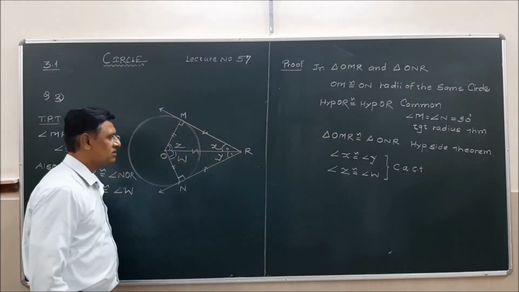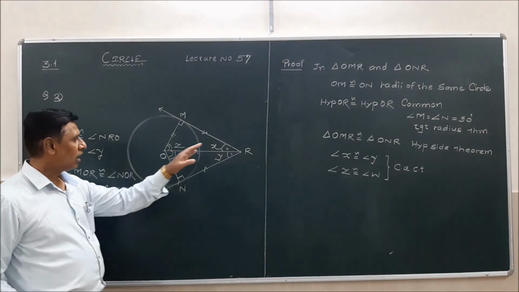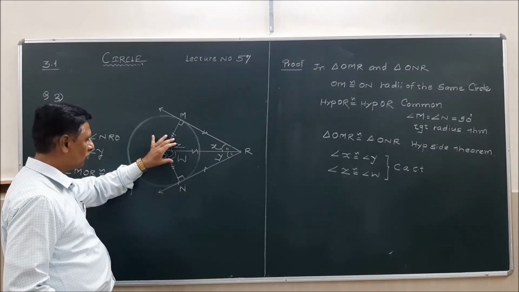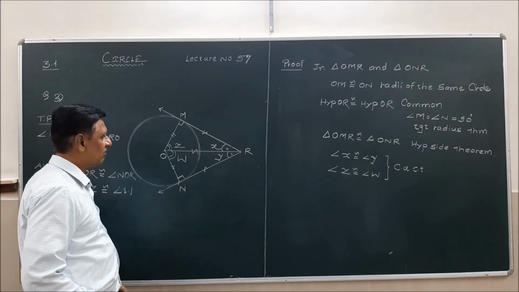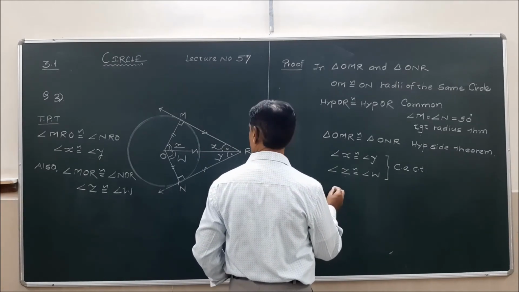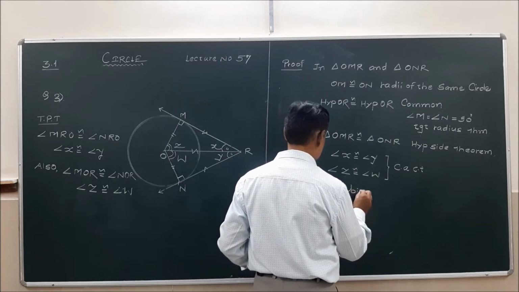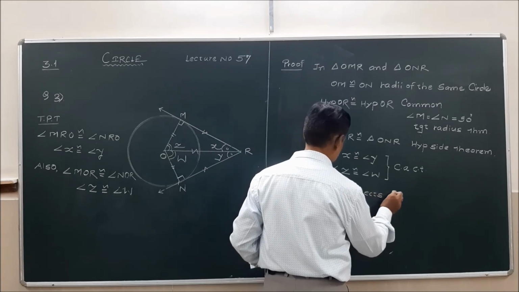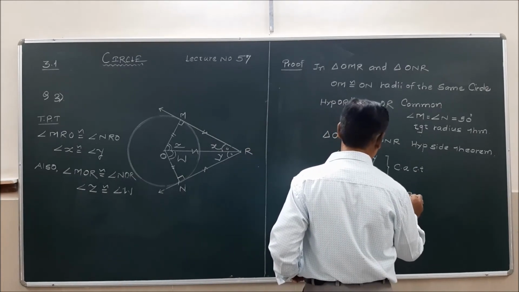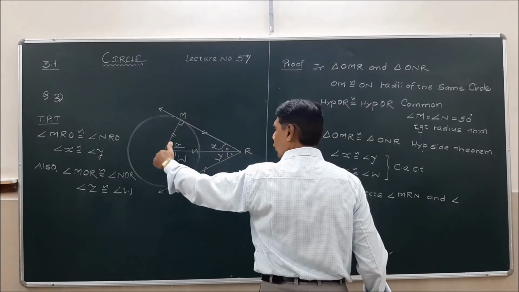So this is how we have to prove that OR bisects angle MON. Bisecting means dividing the whole angle into two congruent parts. Therefore, OR bisects angle MRN and angle MON.